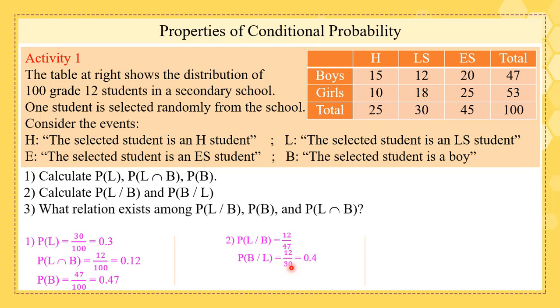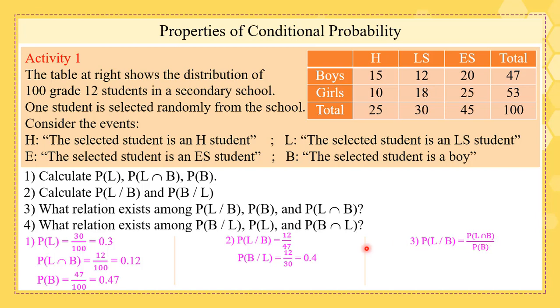Let's continue. Now, what relation exists among P of L given B, P of B, and P of L intersection B? Try to find the relation by looking at the numbers. L given B is 12 over 47, B is 47 over 100, and L intersection B is 12 over 100. So I think it's very easy that P of L given B is P of L intersection B over P of B after we eliminate the hundreds.